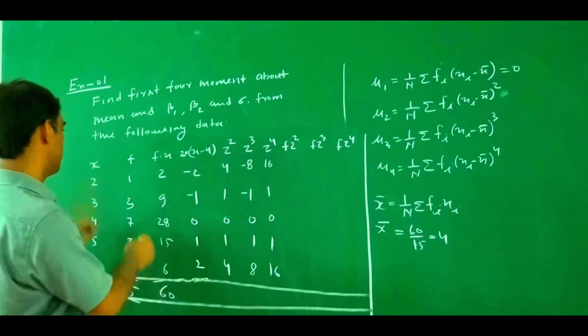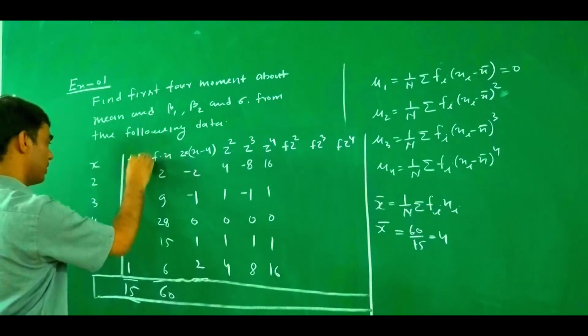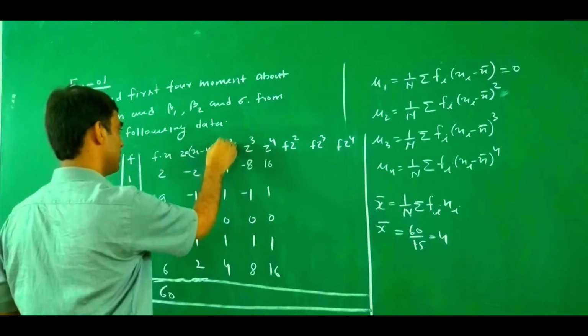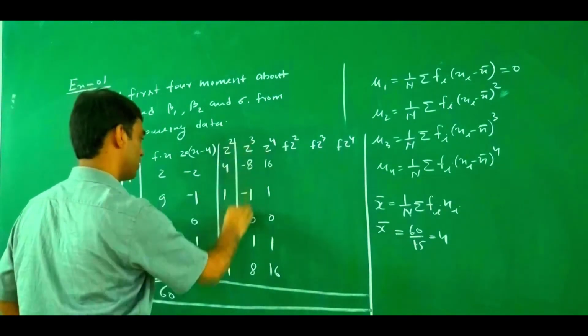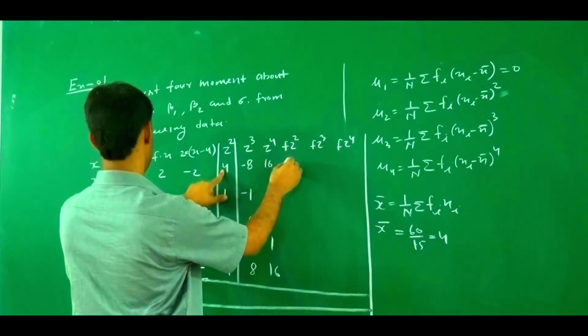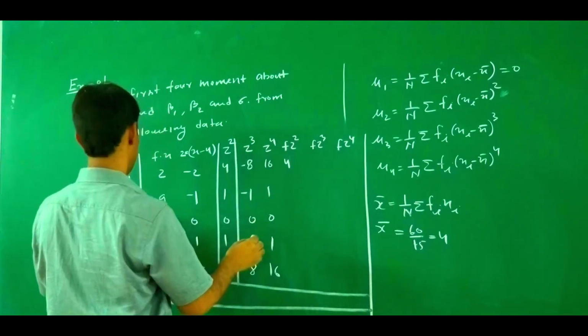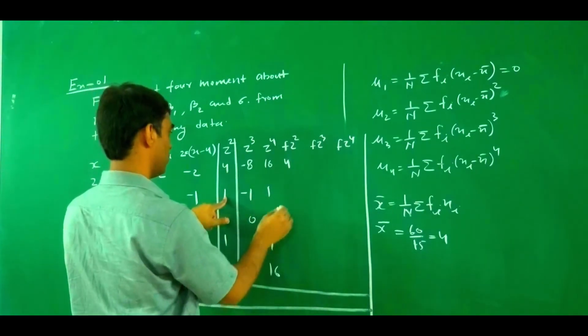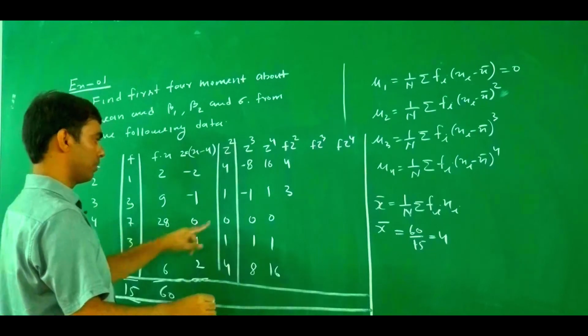F is multiplied by this column, this column multiplied by z square. So 1 multiplied by 4 is 4. 3 multiplied by 1 is 3. 7 multiplied by 0.